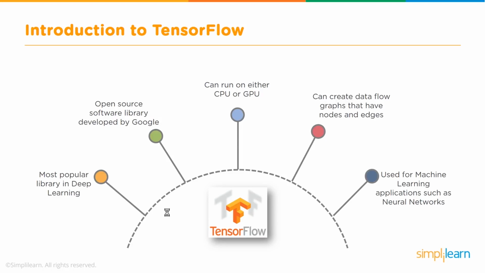In deep learning there is a lot of iterative computation that happens, in the form of matrix multiplication and so on. So GPUs are very well suited for this kind of computation, and TensorFlow supports both GPU as well as CPU.